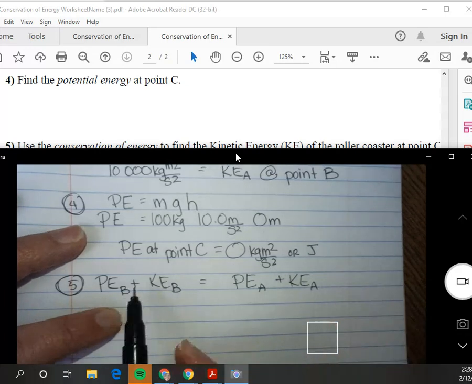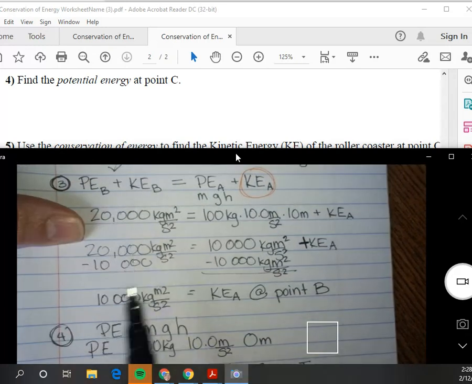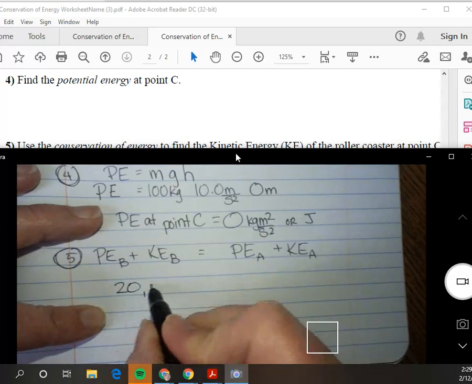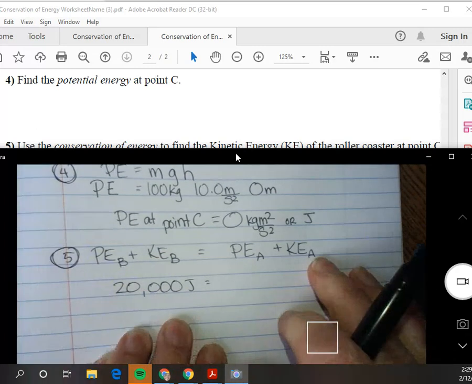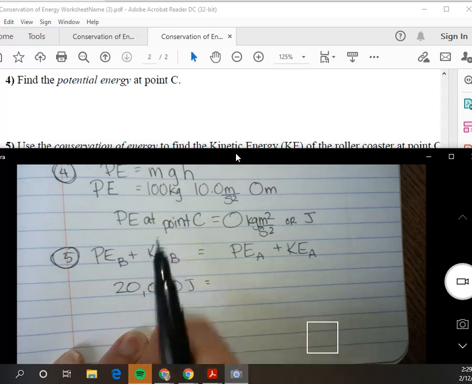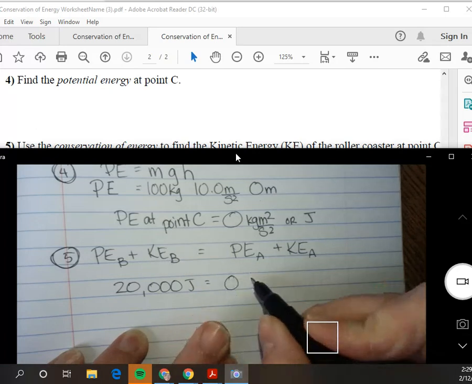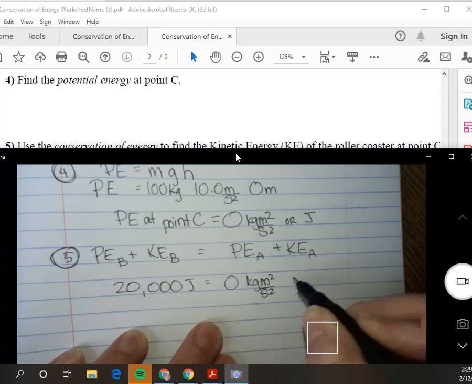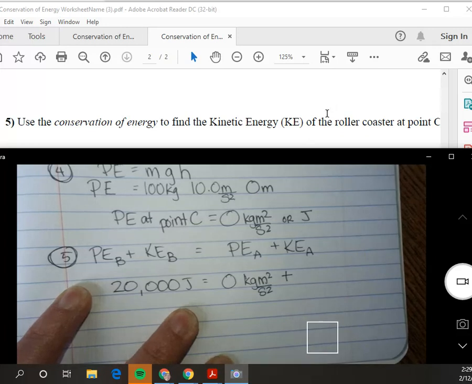All right, so we calculated earlier that the original energy that we had was 20,000 joules. So we're going to start with that again. And then we just figured out that at point C, the potential energy is 0. And it's telling us to find the kinetic energy.